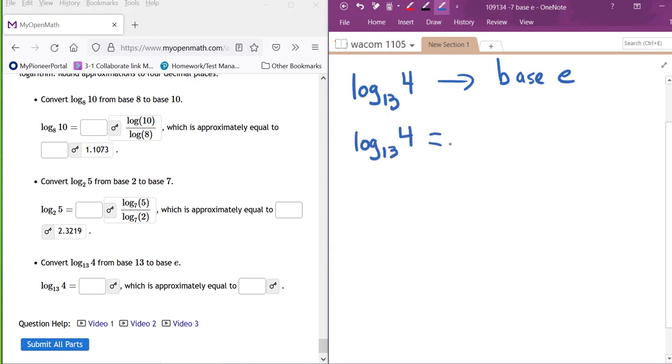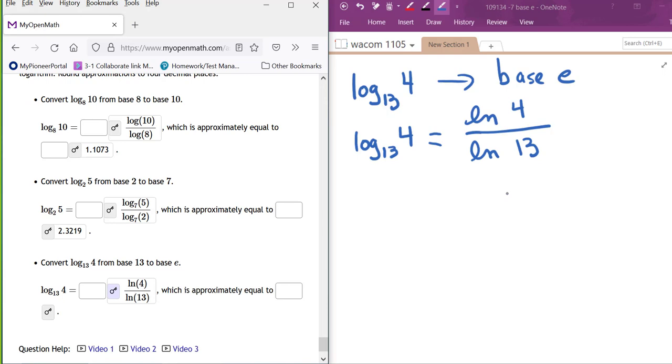And we'll write natural log, because that is always base E, of whichever one is higher goes on top. This one that's down low as the base goes on the denominator. And that is your first answer. And throw those parentheses on there. This can go straight to your calculator.